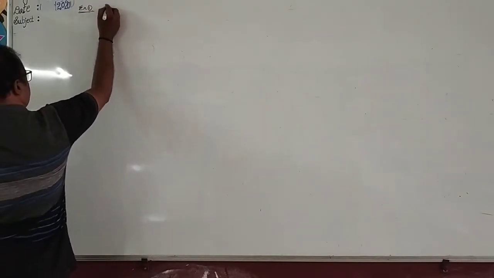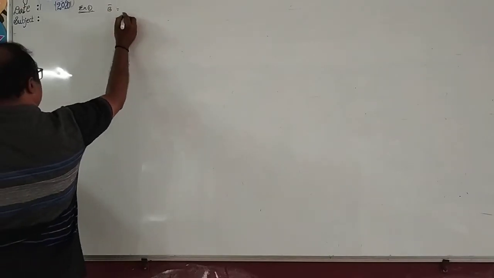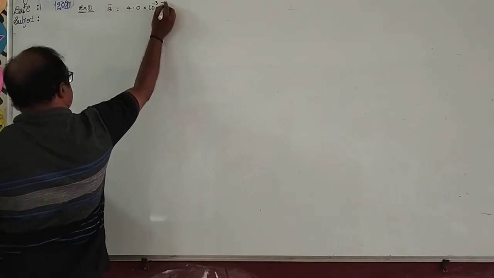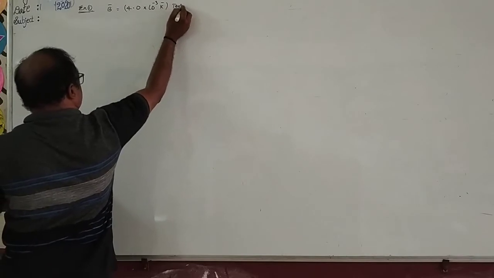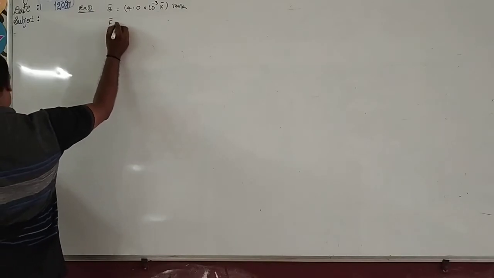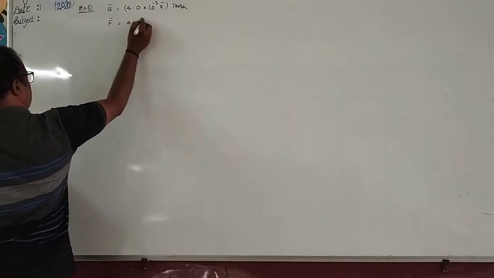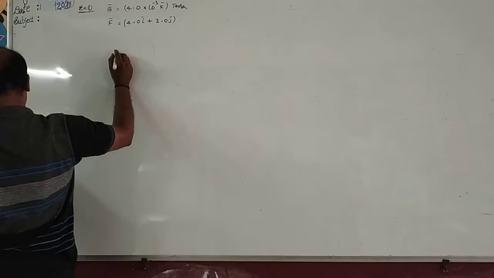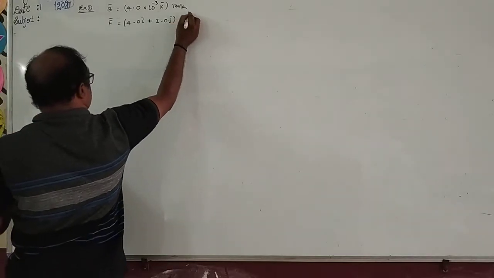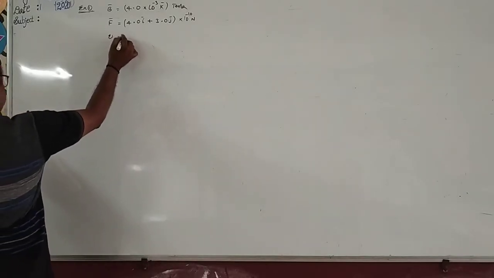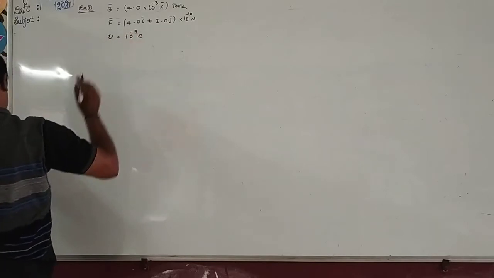A magnetic field of B bar is equal to 4.0 into 10 power minus 3 K bar Tesla exerts a force F bar is equal to 4.0 I bar plus 3.0 J bar into 10 to the power minus 10 newtons on a particle having a charge Q is equal to 10 to the power minus 9 coulombs.